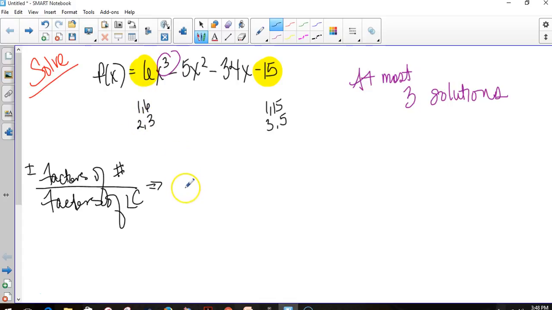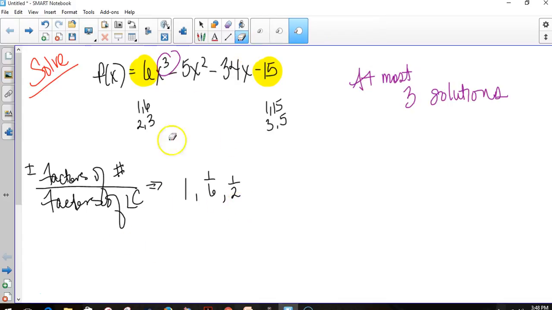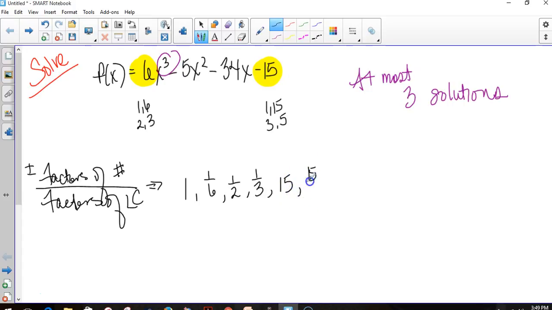So 1 divided by 1, 1 divided by 6, 1 divided by 2, 1 divided by 3. The 1's been divided by everybody, so now I'll go to the 15. 15 divided by 1, 15 divided by 6, 15 divided by 2. They don't have to be nice, they just have to be a fraction. 15 divided by 3, which is 5.